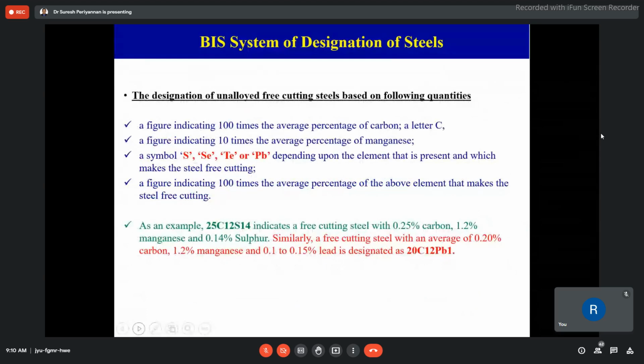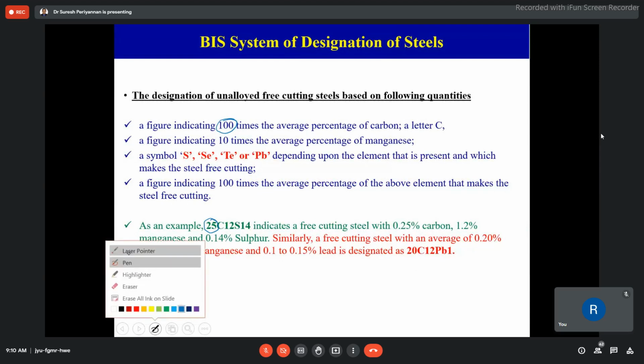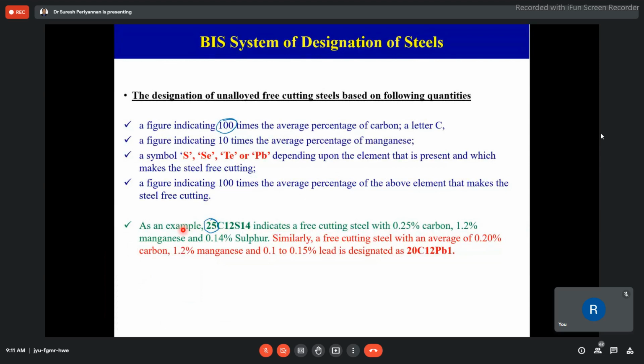I mean, the definition of unalloyed free cutting steels. Unalloyed free cutting steels are based on the following quantities. See here also the figure indicating 100 times, the first step. First step, you see here. I take the pointer now. This is 25. 25 divided by 100, 0.25% carbon.